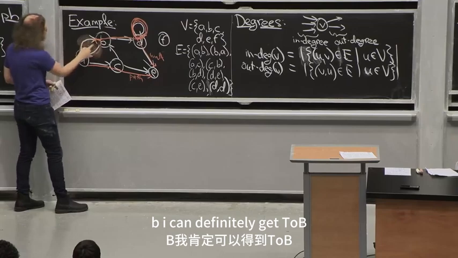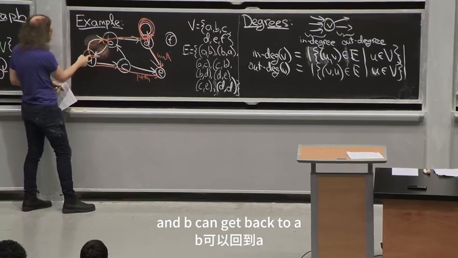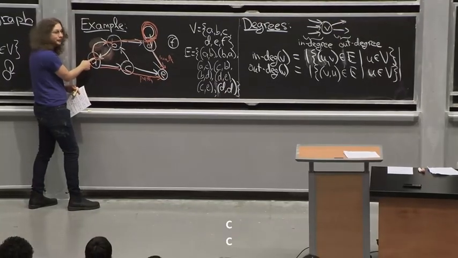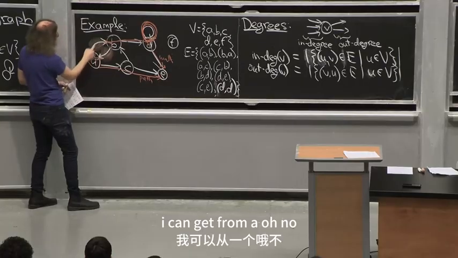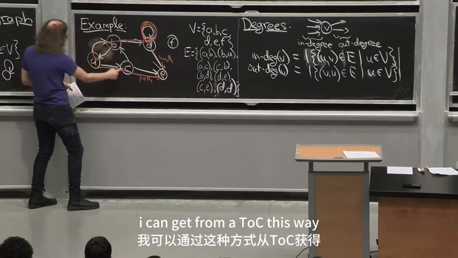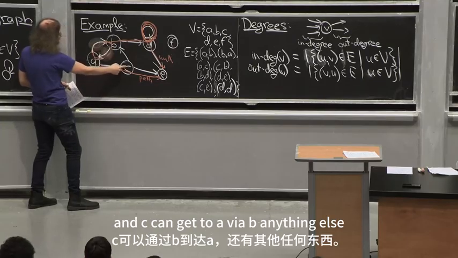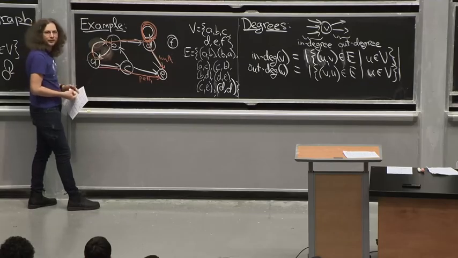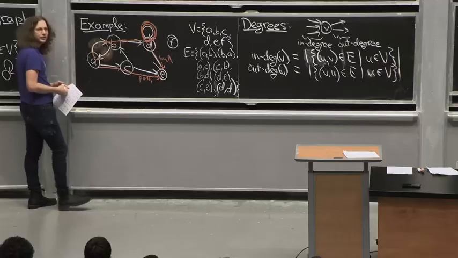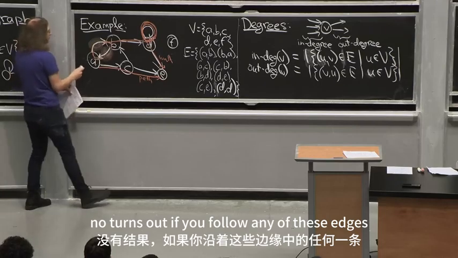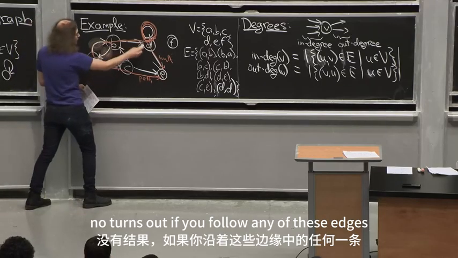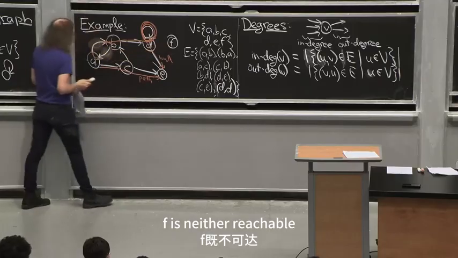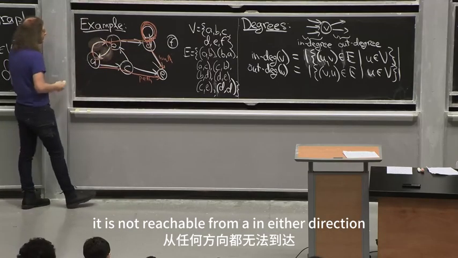B. I can definitely get to B, and B can get back to A. C. I can get from A to C this way, and C can get to A via B. Anything else? No. Turns out, if you follow any of these two edges, you're never getting back. And also F is not reachable from A in either direction.